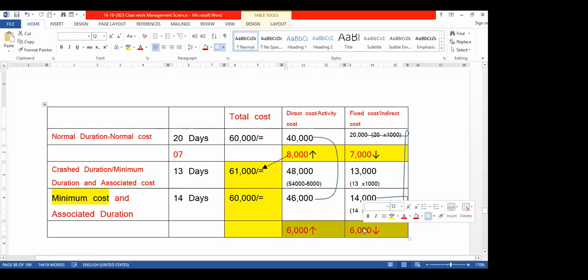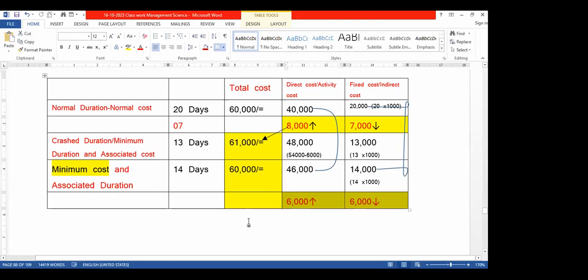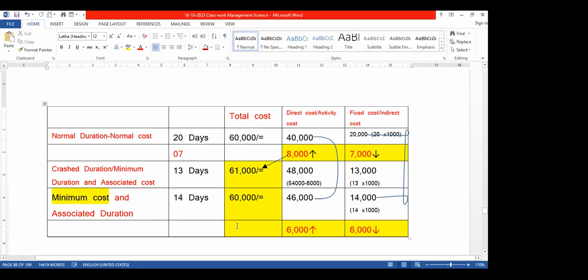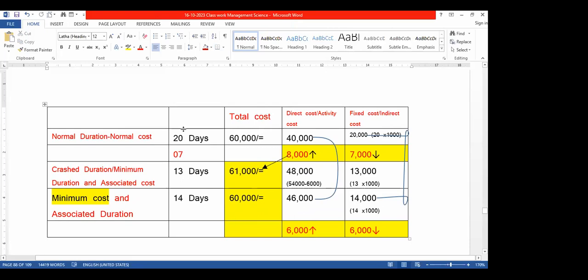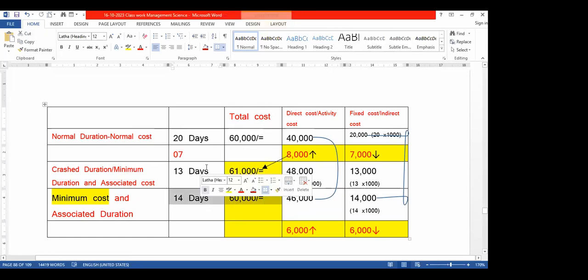This analysis we have to understand. Because if you think in various ways, you can get a better picture of the complexity of the problems. That is about management science. So why is it 20 days, 60,000, and 14 days also 60,000? Important question.